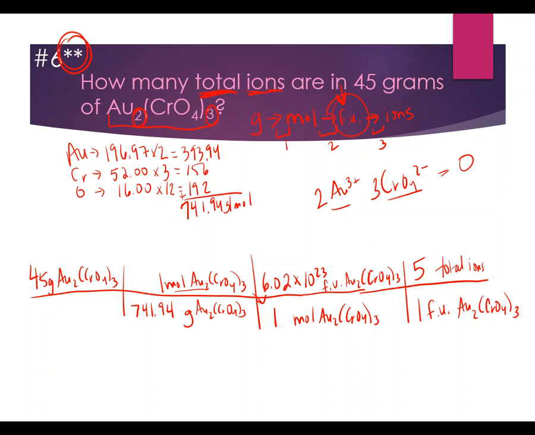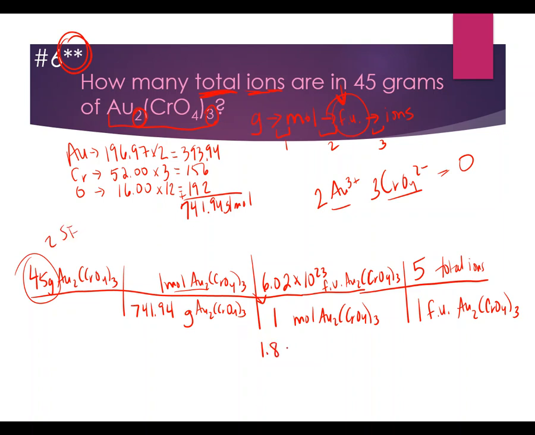Now all you have to do is multiply 45 times 6.02 times 10 to the 23rd times 5 divided by the molar mass, which is 741.94. And we end up with our total ions, which is 1.8, and there's only 2 sig figs here, so I'm only going to round it to 2.